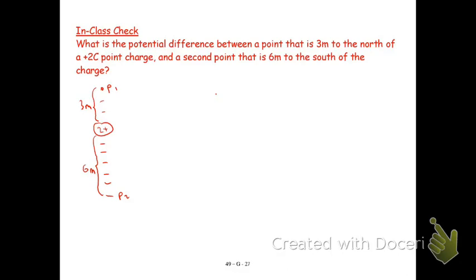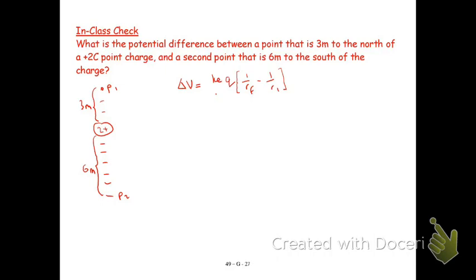What is the change in potential difference? My delta V is equal to, what did we say it was? k_e q times 1 over r final minus 1 over r initial.